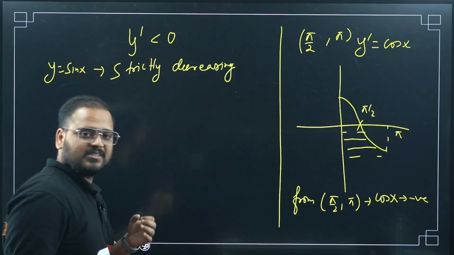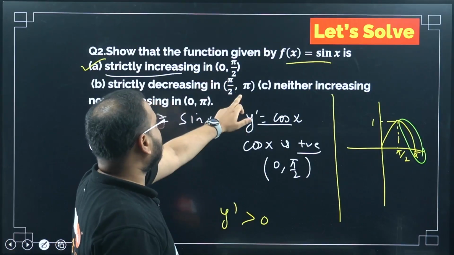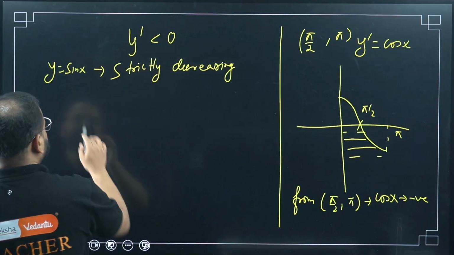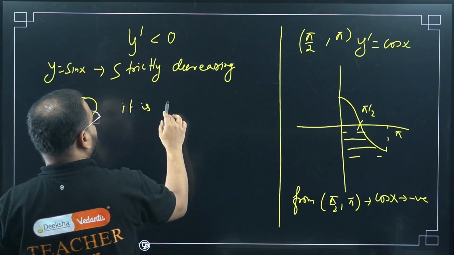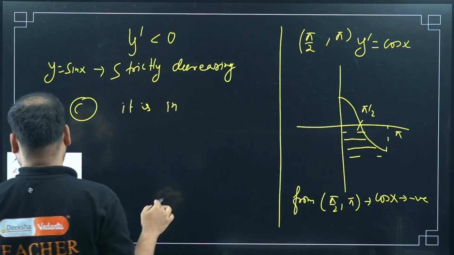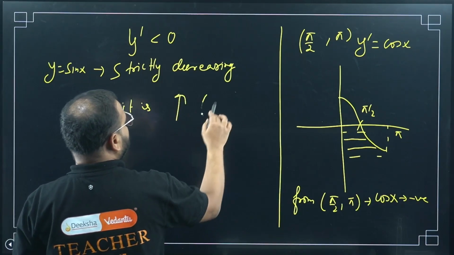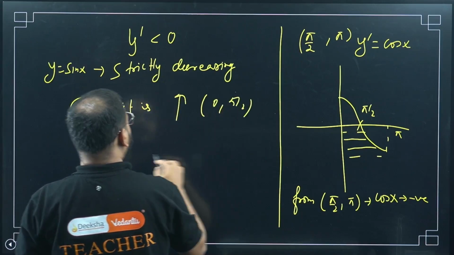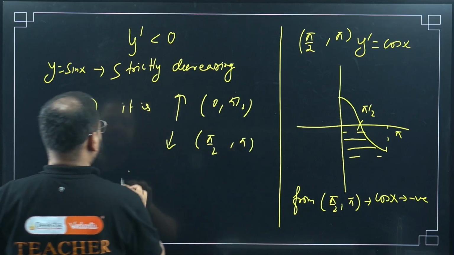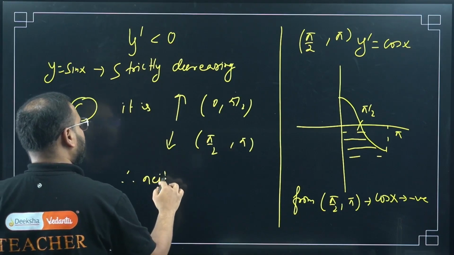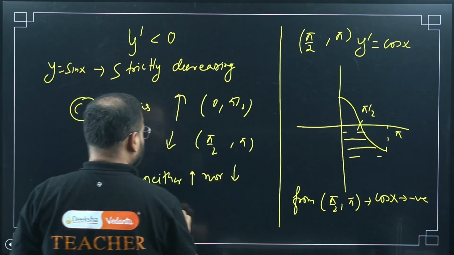Is this enough? And since both increasing and decreasing conditions occur between 0 to pi, I can simply say: in C condition, it is increasing from 0 to pi by 2 and decreasing from pi by 2 to pi, therefore neither increasing nor decreasing in which interval?